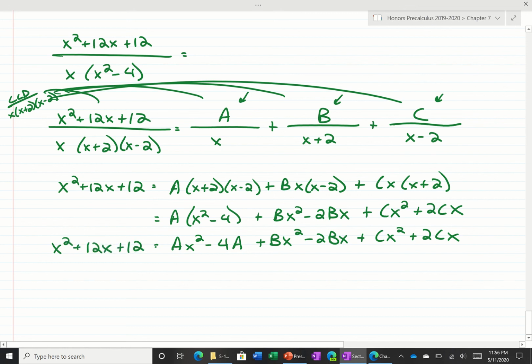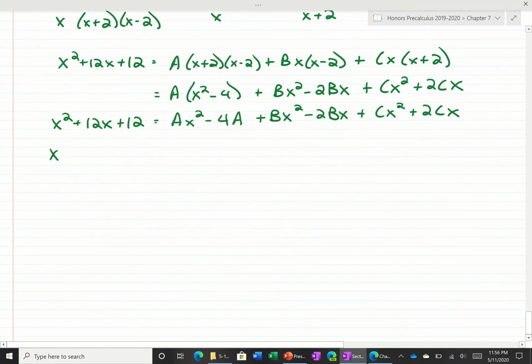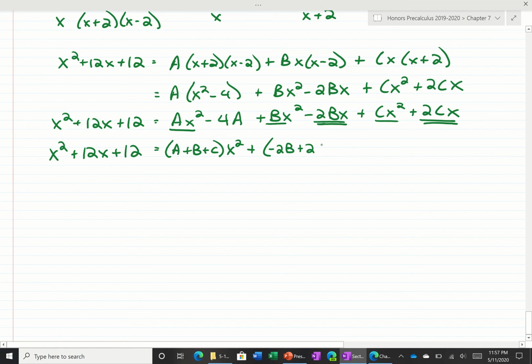We want our total number of x squareds equal to 1. So I'm just going to rearrange everything here. And this is what we have.